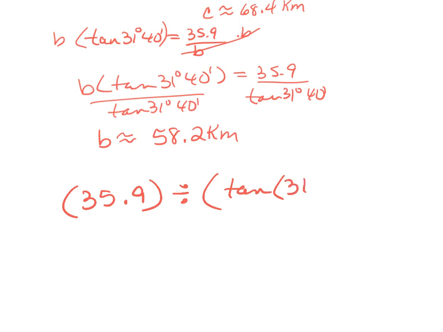I would do 31 plus another parentheses, 40 divided by 60, close that parenthesis, close that parenthesis, close that parenthesis. And you should get 58.2. If you forget to close a parenthesis, you will get the wrong answer. So it's going to be critical. Now, if you'd rather convert this ahead of time and then do it, you can. But as long as you close the parentheses, it shouldn't be an issue.